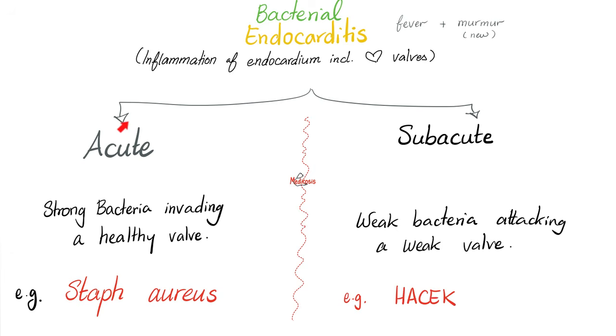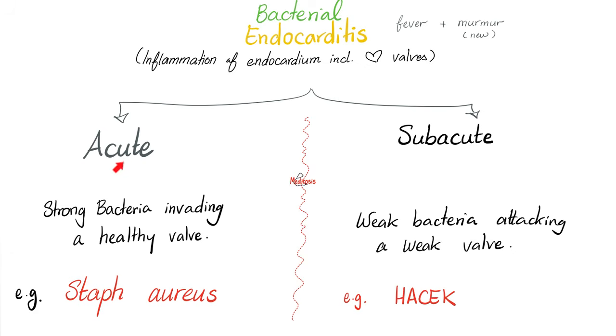In acute endocarditis, there is a strong bacteria invading and destroying a strong, healthy valve. But in subacute, it's a weak bacteria. The only reason the weak bacteria was able to destroy you is that you had a valve that was weakened before that. So strong bacteria on a strong valve is acute endocarditis. Weak bacteria on a weak valve is a subacute endocarditis.